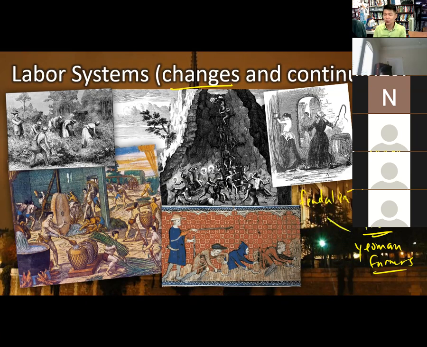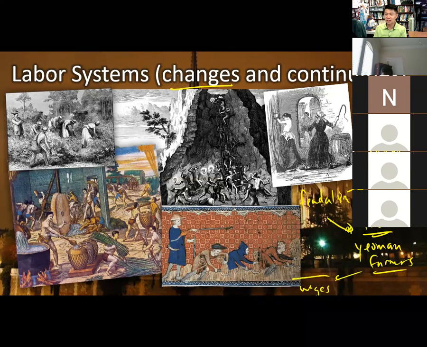Feudalism is going to move into these particular forms of both free and coerced labor systems. Eventually in the next unit, we're going to get to the wage system. But for now, in this unit, we've got migrant farmers and others earning wages from their work. So the wage worker labor system would be the next one.